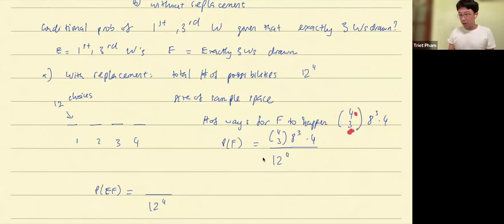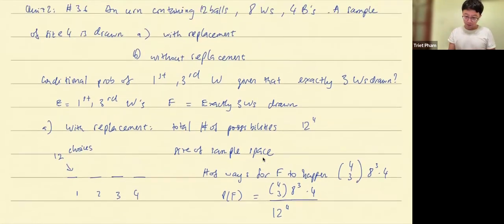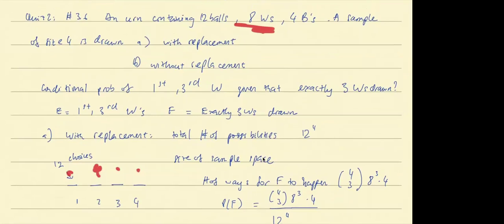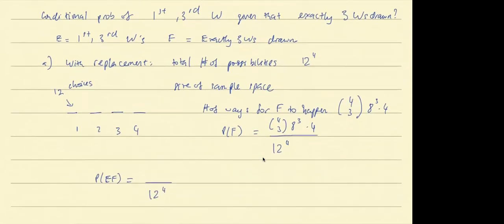That's 4 choose 3. Once you decide that, each of them has 8 choices for the white, and then the other one has 4 choices for the black. Sorry, yeah, I understand. Thank you. Sure.